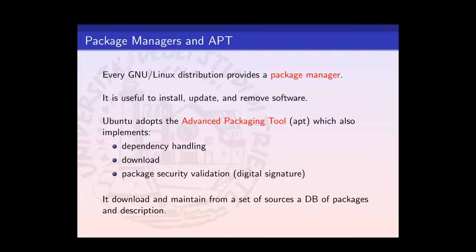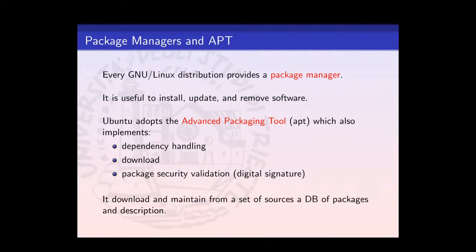For instance, if we decided to go for the minimal installation, you avoided to install all the Office stuff, and you may want to install this Office stuff in the following up of your installation. You can do it by using the graphical tool that is meant to do it, or much better, you can use the real tool which is used to install the stuff in Ubuntu, which is named APT. APT is Advanced Packaging Tool, and it's a kind of ante litteram market for software.